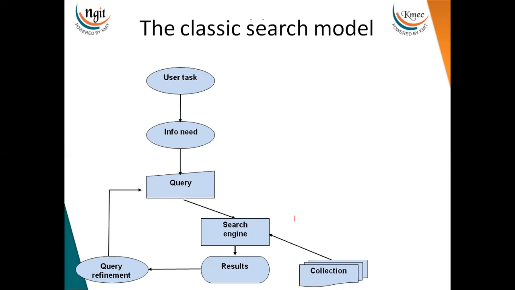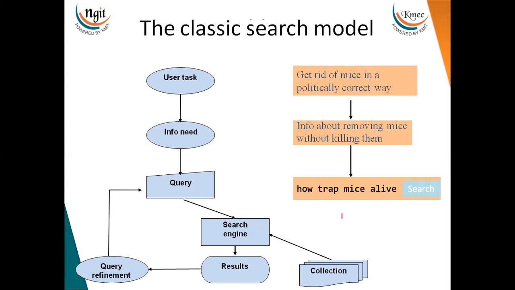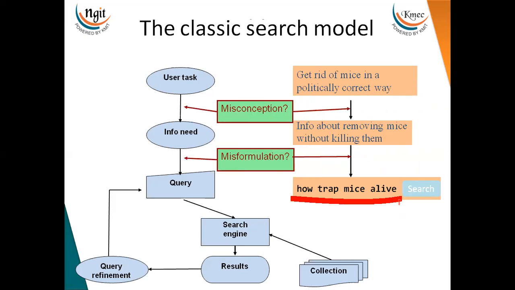Now, generally, listen here. I'm giving a query: how to trap mice alive? This is the query. But see how my query is interpreted. What is the misconception and what is the misformulation? When I am asking Google, I want to trap mice alive, then Google may formulate the query as removing mice without killing them, and it may even have the misconception of getting rid of mice in a politically correct way.